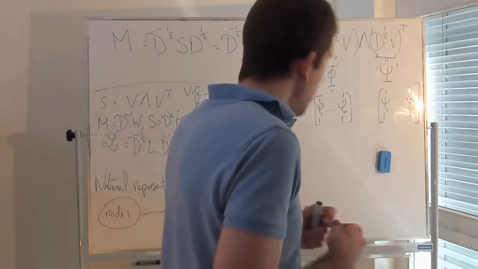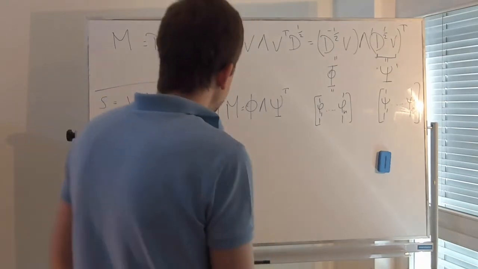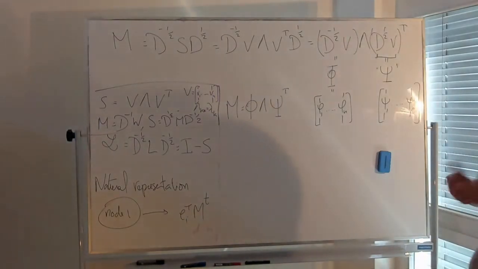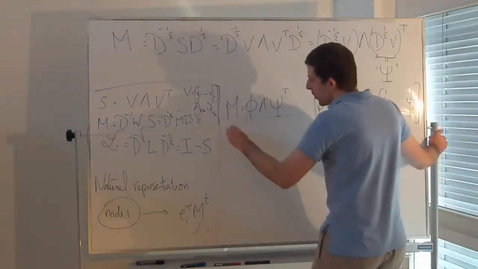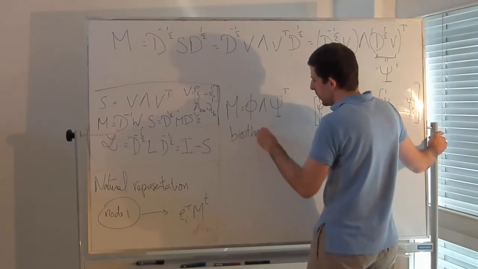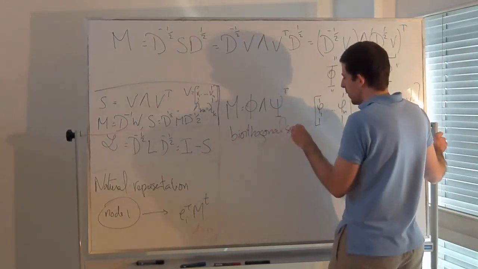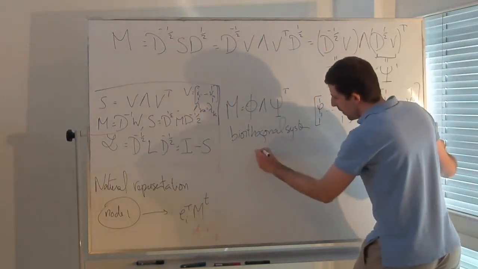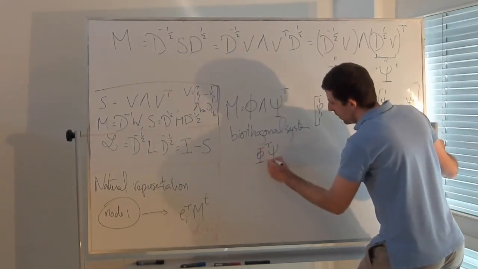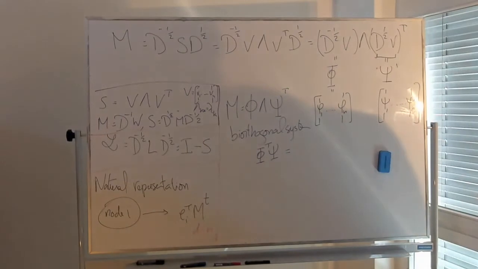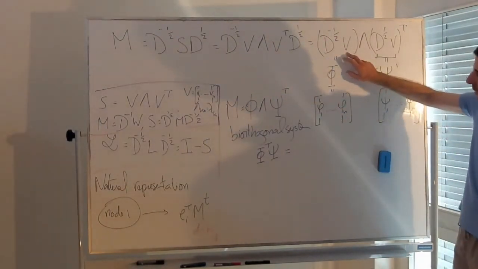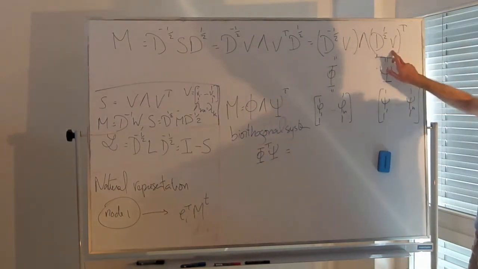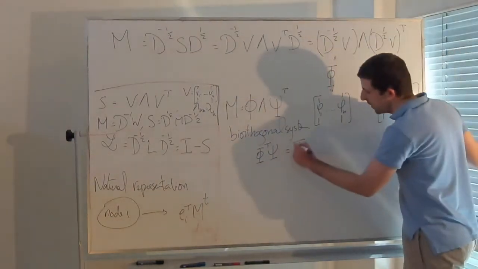Now, these phi and psi are not a spectral decomposition in the sense of symmetric matrices, but they form a so-called biorthogonal system. What do I mean by this? If I take phi transpose psi, I get V transpose, D to the minus half transpose, then it hits D to the half, so these disappear, and it hits V. So it's V transpose V, which is just identity.